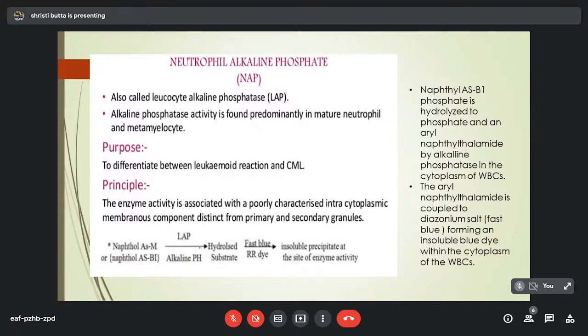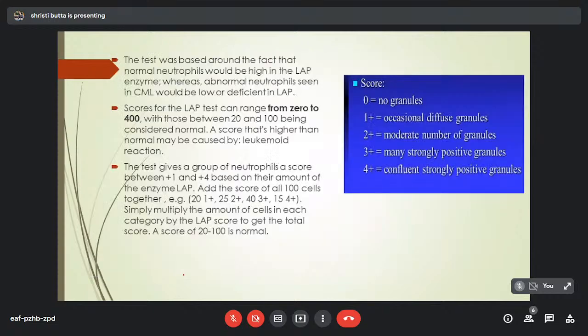And because this LAP enzyme is characteristically present in mature neutrophils and in metamyelocytes, it is important to note that the LAP score is very high in case of a leukemoid reaction, whereas it's low in case of a CML. Now, how do you score it? When it's no granules, it's 0. 1 plus shows occasional diffuse granules, moderate granularity is 2 plus, and strong positive is 3 plus, and confluently strong positive is 4 plus.